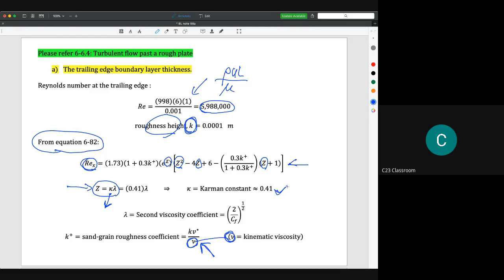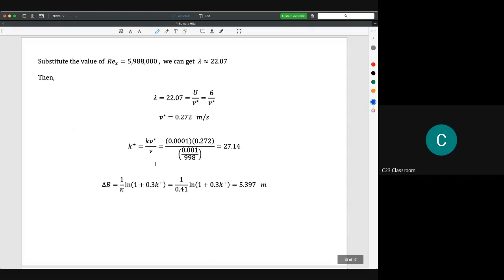Okay, and then we substitute the value of k plus here. So k plus is k times V star here, and V star can be calculated by using this equation. From here, maybe I missed it in my notes.